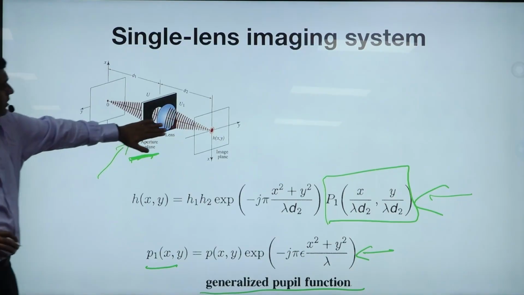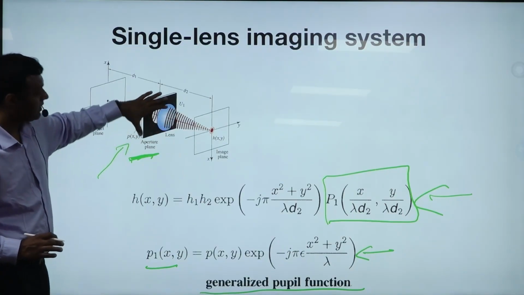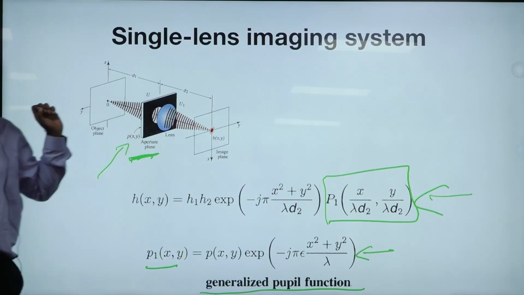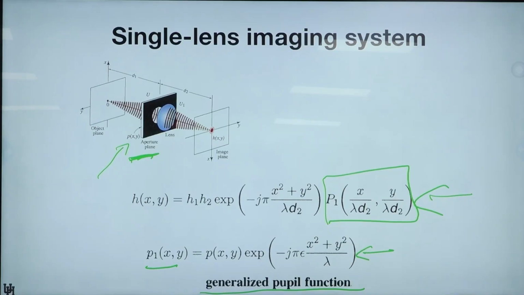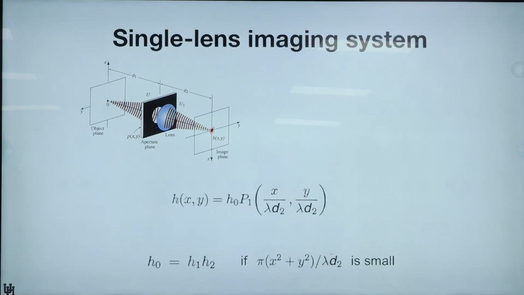So what you see here depends on how big or how small the aperture is, and it's related to the Fourier transform of this particular aperture. Under the approximation that x square plus y square divided by lambda d is small, you just have the pupil alone, the aperture alone, which makes all the difference.